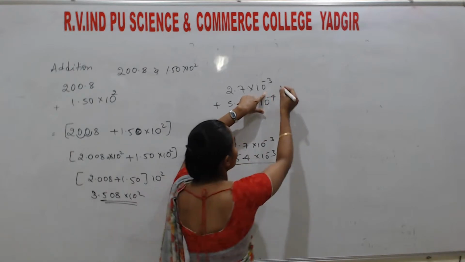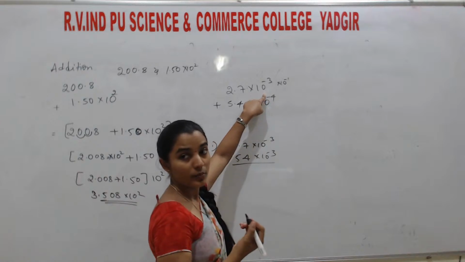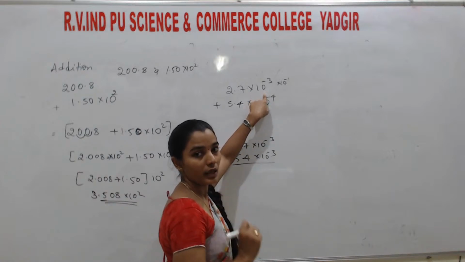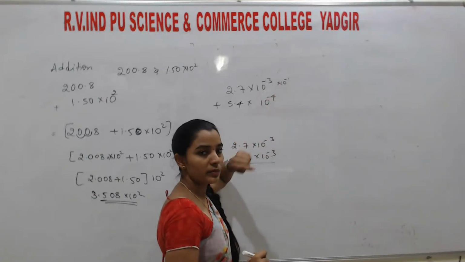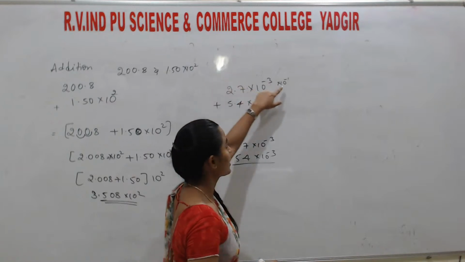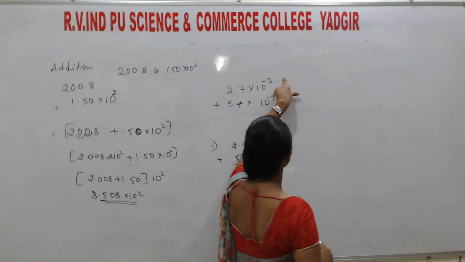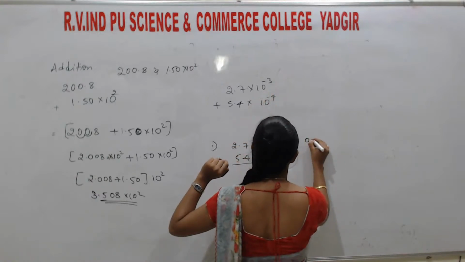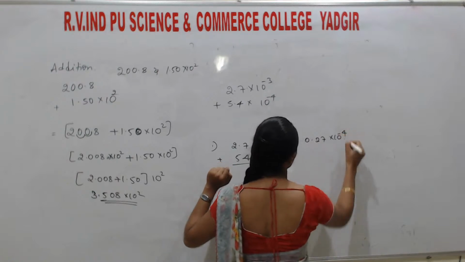That means this is multiplied by 10 to the power minus 1, that means divided by 10. Plus 1 means multiplied by 10. Minus 1 means divided by 10. Understood? That means this term is divided by 10, that means 0.27 into 10 to the power of minus 4.